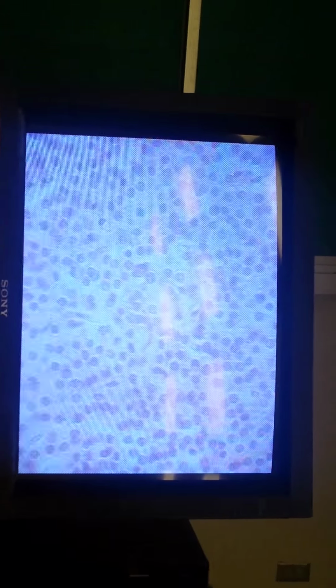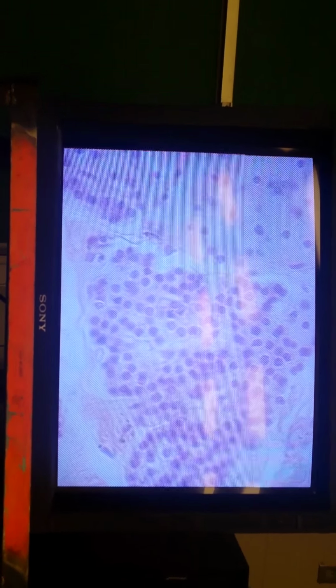Okay. That's an oxyphil. But it's so much easier when you've got a whole bunch of them together in one spot, like we have over here somewhere, right there. It's oxyphil, and there's your chief.